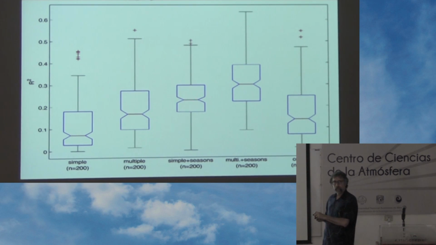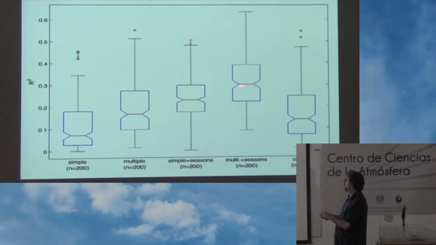And in fact, surprisingly, well, I was surprised, it actually provides more improvement than using the Lagrangian predictors. Now, the Lagrangian predictors also improve this model. So the best is a model with the Lagrangian predictors and the seasonal variables. So for all of our data, we were able to improve the median R-squared value from less than 0.1 to 0.3, a factor of 4 improvement.